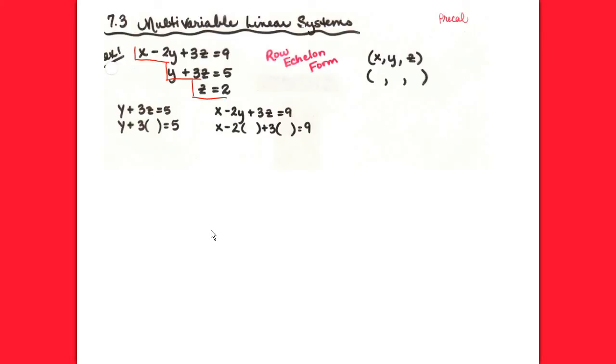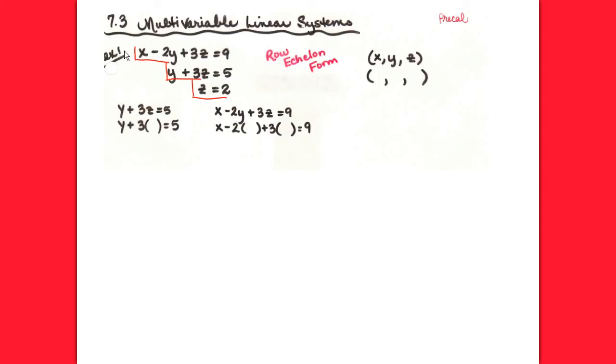But for right now, if it has that stair-step pattern, like you see here, it's kind of like you've got 3 unknowns, and then you've got 2, and then you've got 1. So that little stair-step pattern, and the leading coefficients are each 1, then we can say that it's in row echelon form. The nice thing about that is that you can solve that system simply by back substituting.